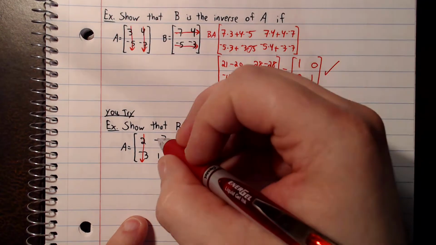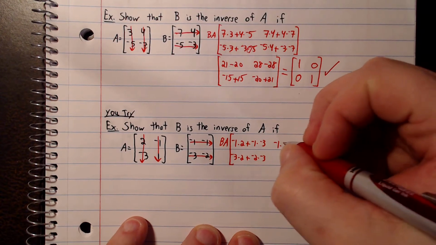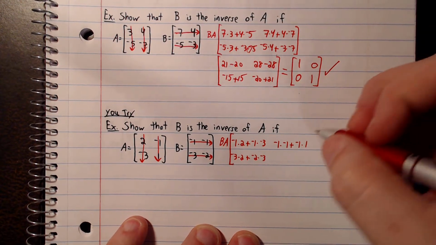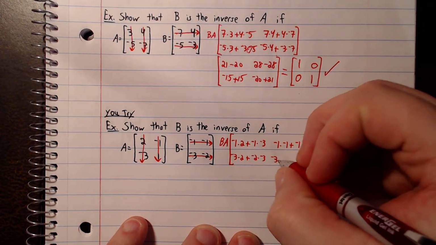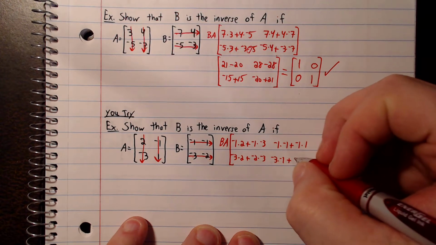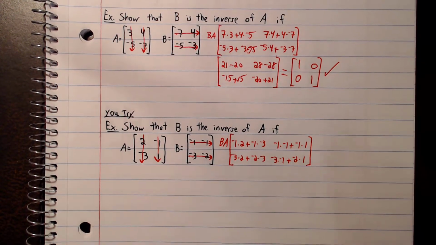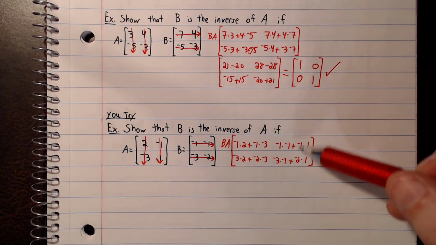I'm using the same row, using the next column over. Negative 1 times negative 1 plus negative 1 times positive 1. Now I'm dropping down here using the second column. Negative 3 times negative 1 plus negative 2 times positive 1. That matches the first step that we did up here, right? We're just doing the multiplication.